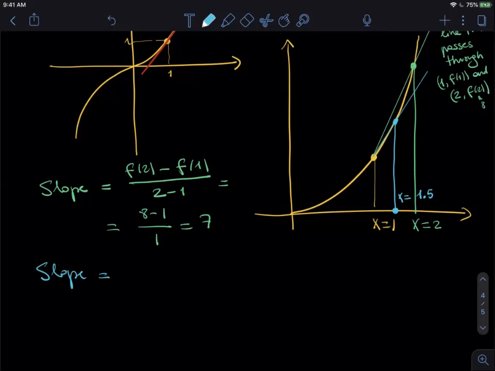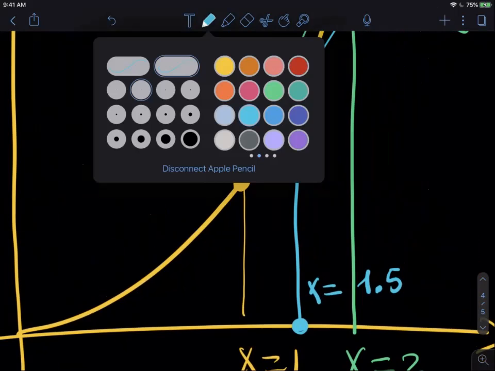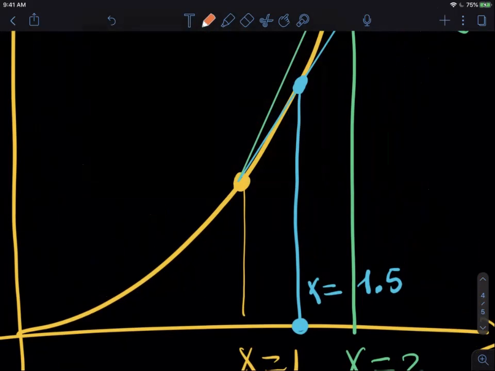Same idea. F of 1.5 minus f of 1 divided by 1.5 minus 1. So this is going to be 4.75. Okay, so we can zoom in here and using a different color, we can repeat the idea.